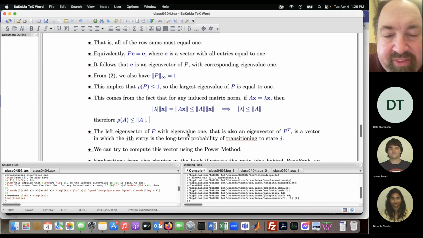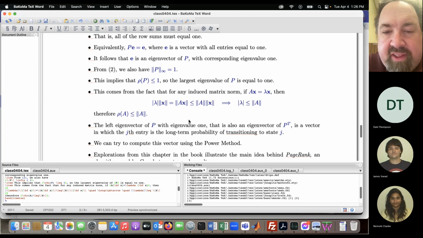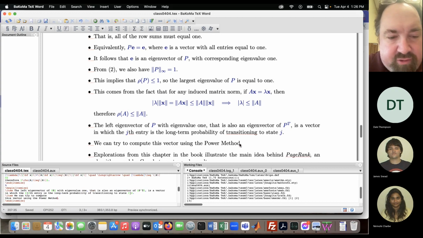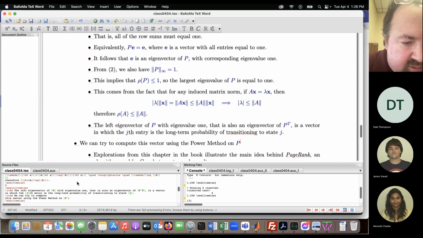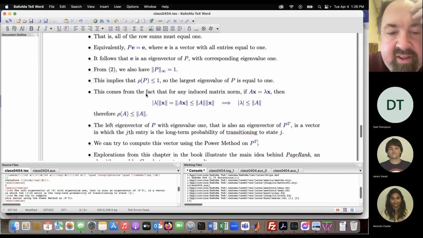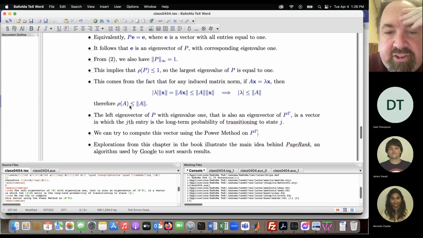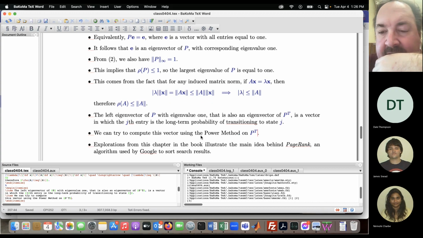So this eigenvector we can compute by applying the power method to P transpose. And this is relevant to what's called PageRank, an algorithm used by Google to sort search results.